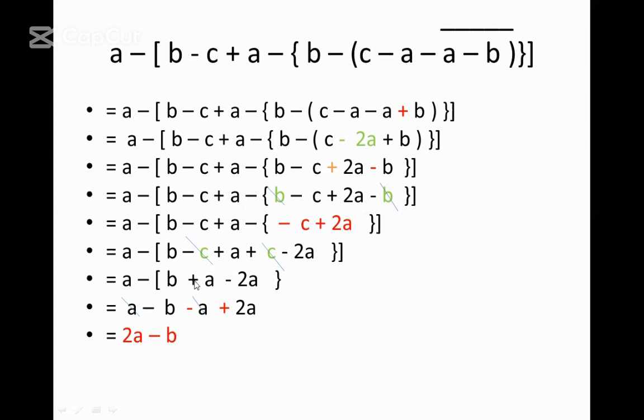Now here we have b plus a minus 2a, and this bracket is square bracket, and then when we are going to open it, then again we have minus sign outside the bracket, so the sign inside the bracket will be changed. This plus a will be converted into minus a, this minus 2a will be converted into plus 2a, and then a and a will be cancelled, and answer is plus 2a minus b.